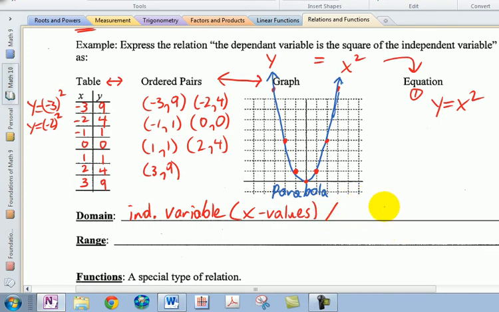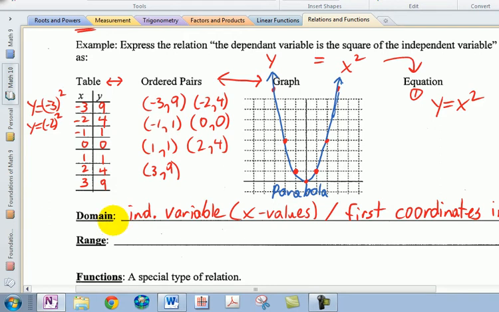Now, sometimes we use words, right? For example, for graphing fruit, it is the first coordinates in the ordered pairs, which is basically saying it's our x.